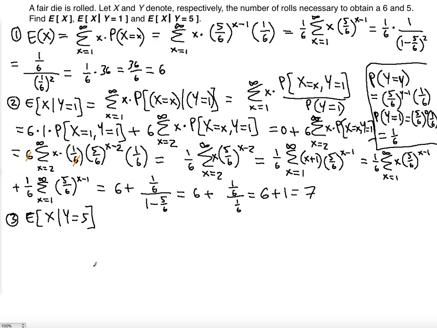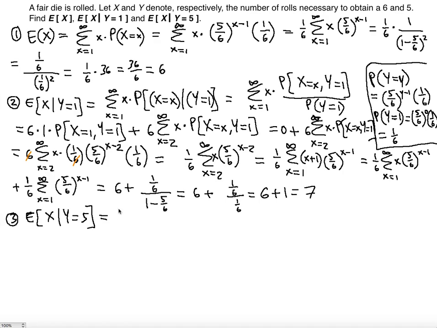Okay, so let's explore that. So this is written from the first trial, going infinitely, x multiplied by the probability of x being equal to x, given y is equal to 5.